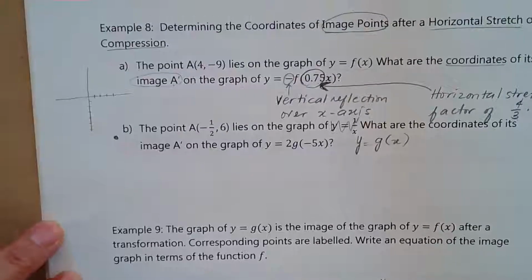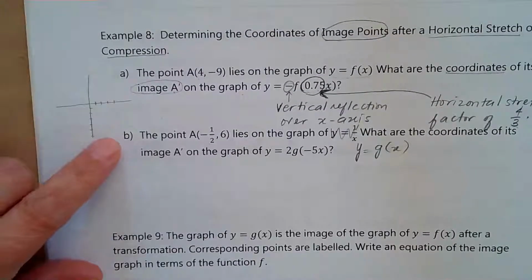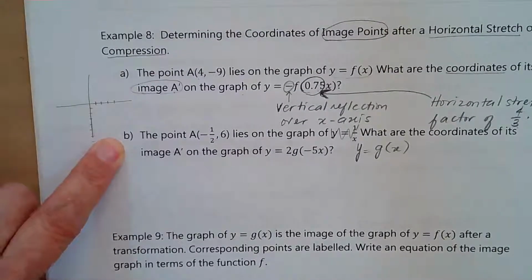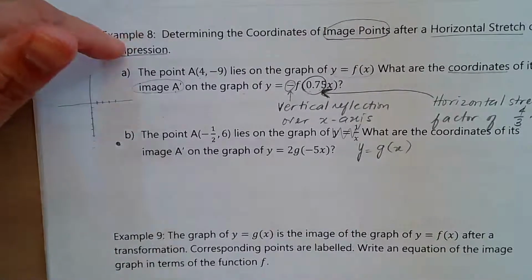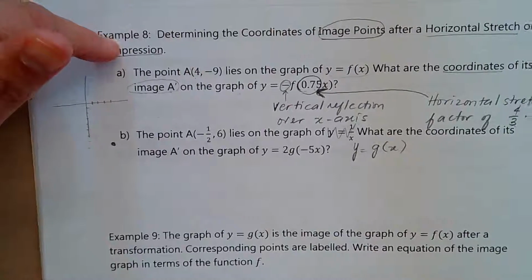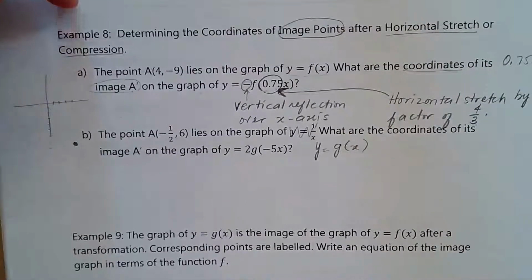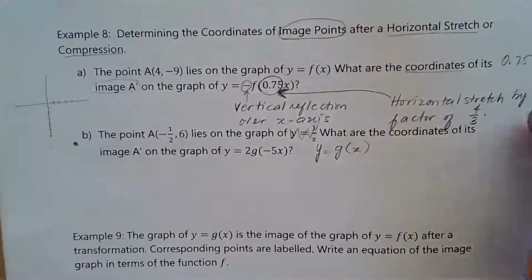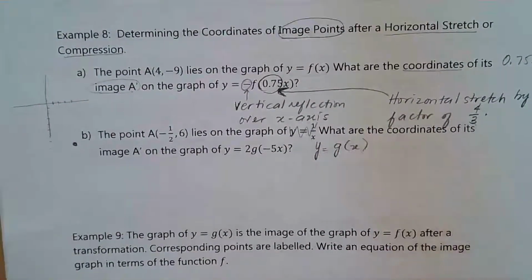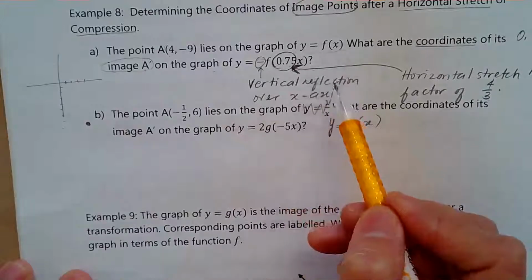What happened there? This got reflected up and then stretched horizontally. So what's happening there?